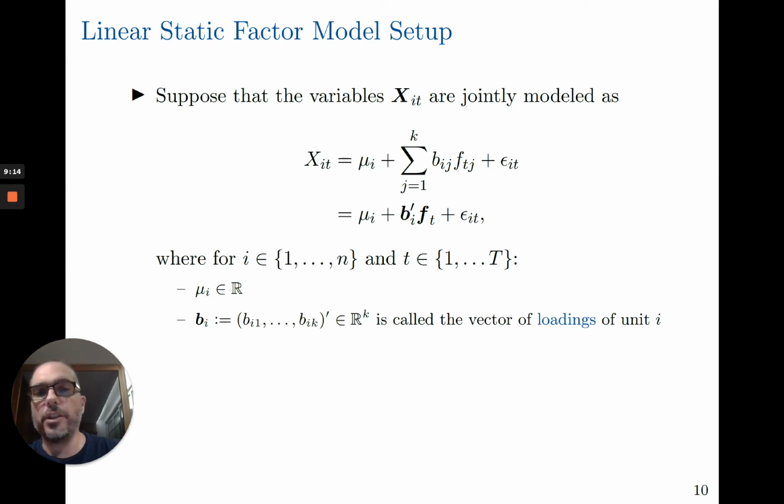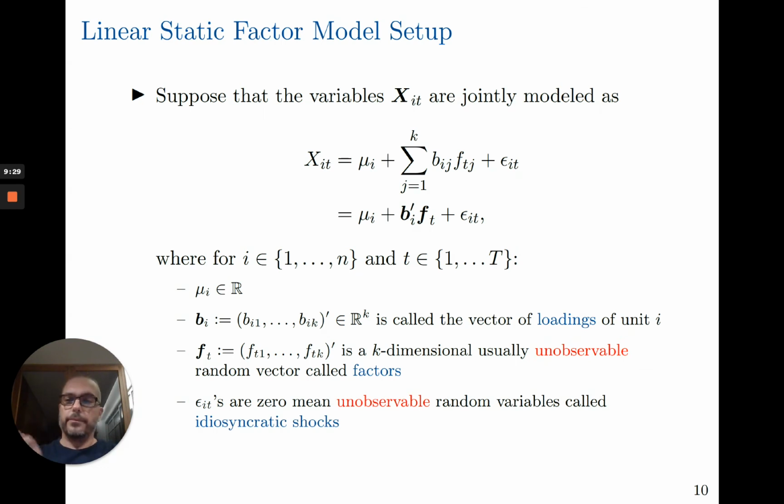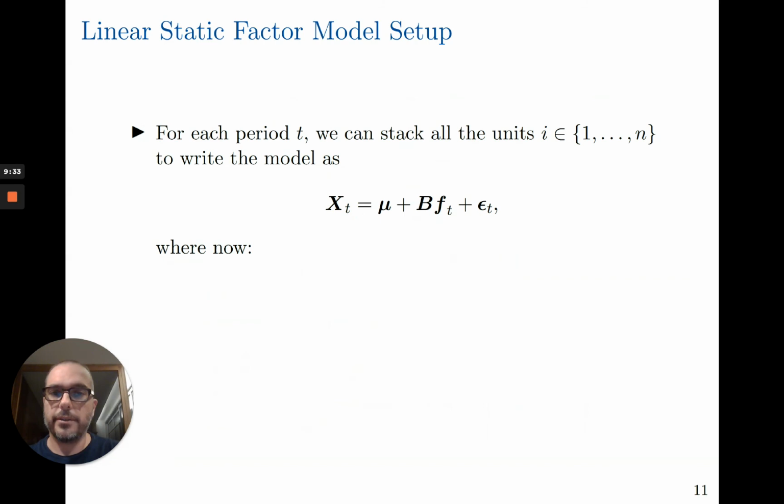So these coefficients B are also called the loadings of the factor model. Okay. And one thing that's important, we are considering the factors to be unobservable. Okay. And as I already said, the epsilons are the idiosyncratic shocks. Okay.